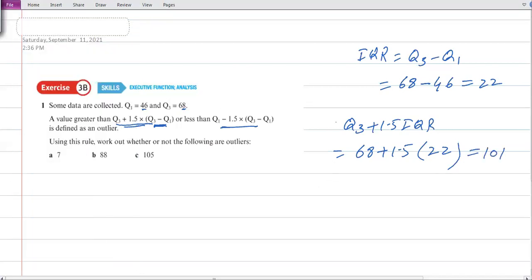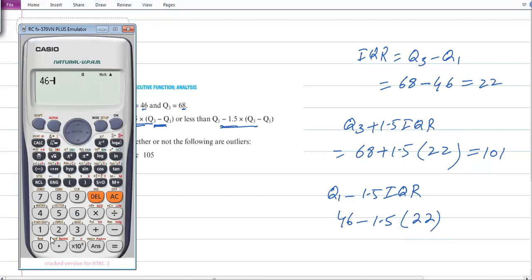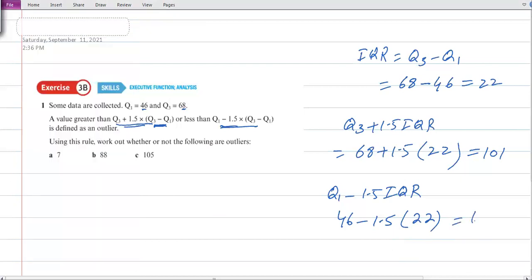Then find this second factor, Q1 minus 1.5 times the interquartile range. What is Q1? Q1 is 46 minus 1.5 of 22. So 46 minus 1.5 into 22 is 13.